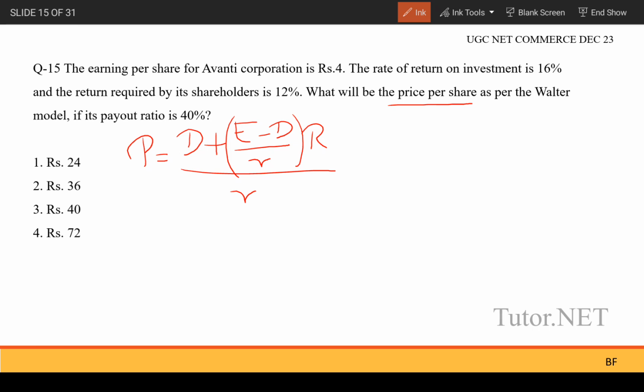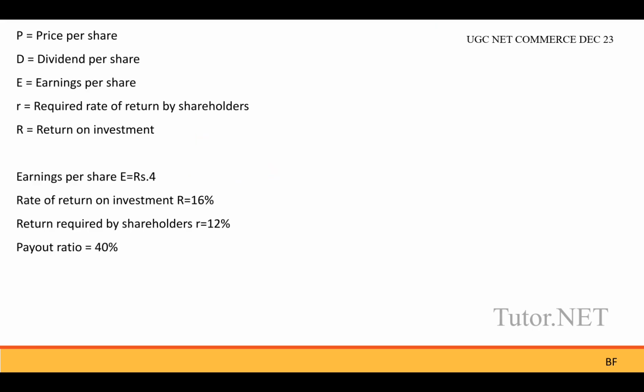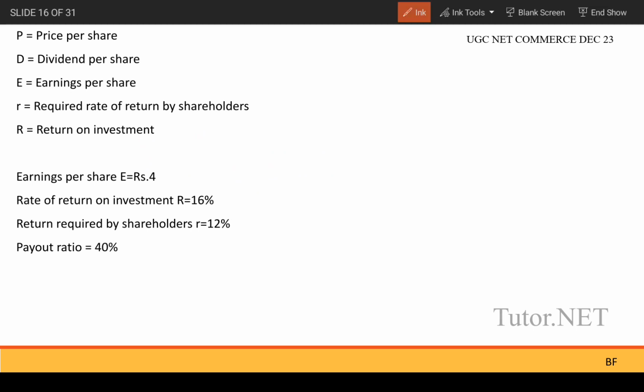Okay, so we just abbreviate this. Here P is price per share, D is dividend per share, E is earnings per share, and small r is nothing but the required rate of return by the shareholders, and capital R is the return on investment.